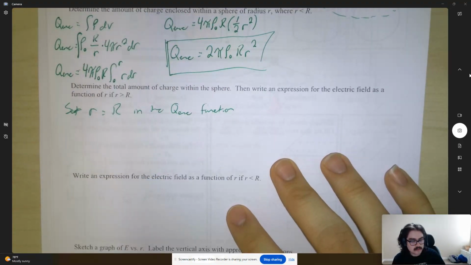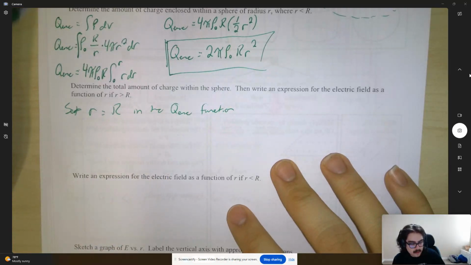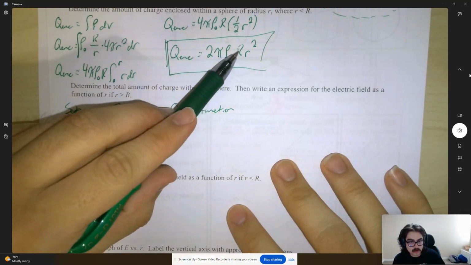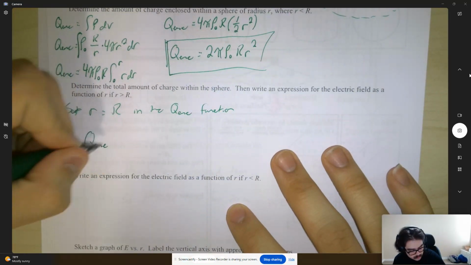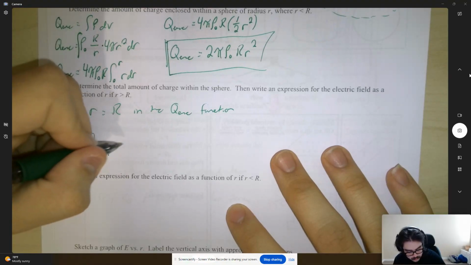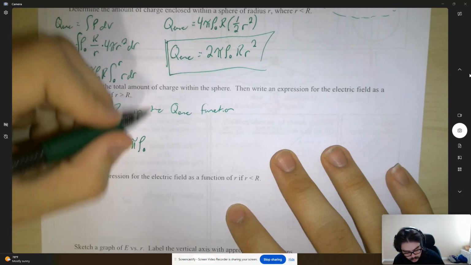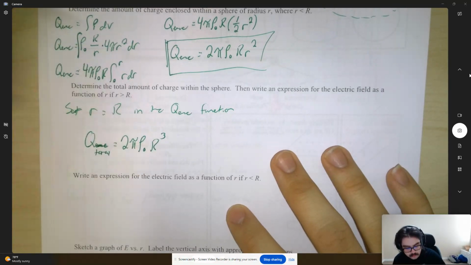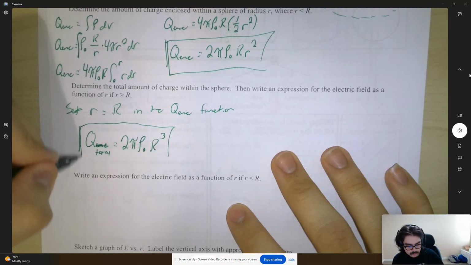So all I have to do is set little r equal to big R, and that's just going to turn this into big R cubed. So that's going to be Q total, sorry, is going to be equal to 2 pi rho naught times capital R cubed. That's my total charge enclosed.